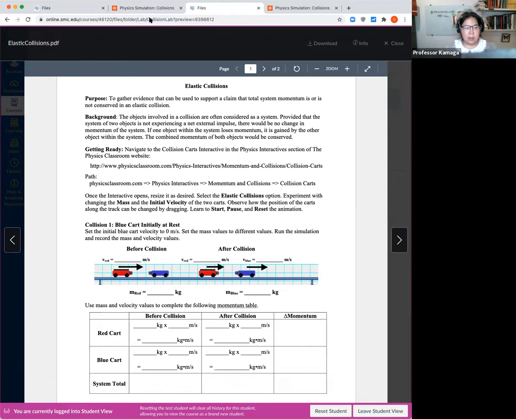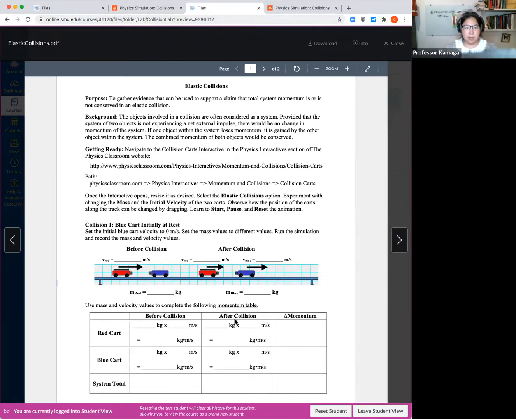Then you're going to find the system total. System total is going to be the momentum of the red card plus the momentum of the blue card. So that's what you're going to fill in. Same thing after collision.